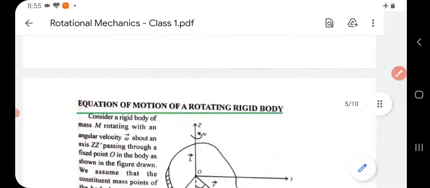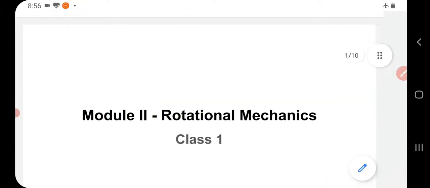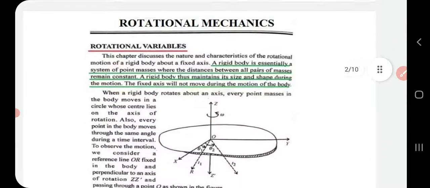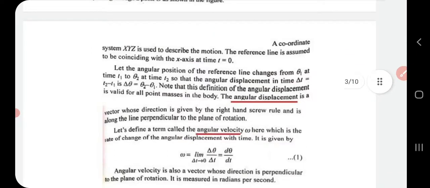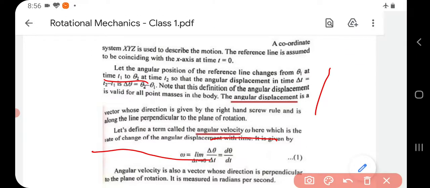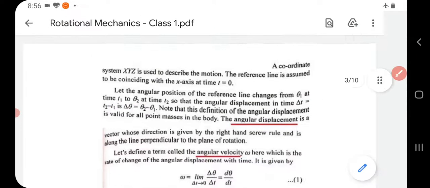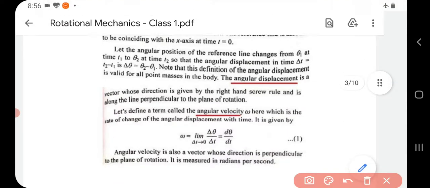Here I will tell you once again which are the important points that you have to study. Here you have to study the definition for a rigid body and what happens when a rigid body rotates about an axis of rotation. Then what is meant by angular acceleration? For that you have to write from here to here. Then what is meant by angular velocity?